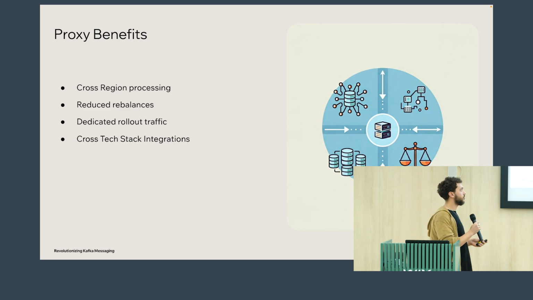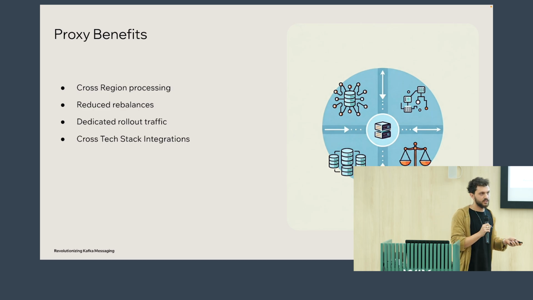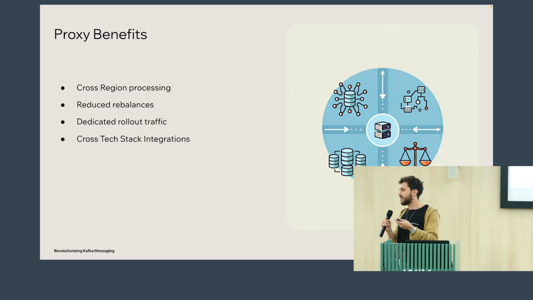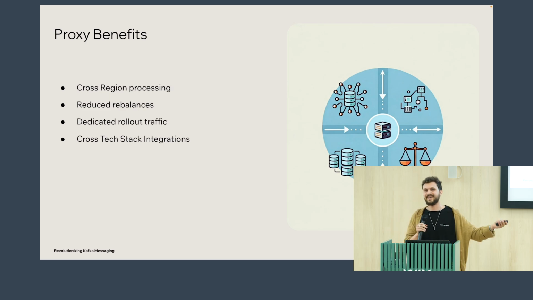The last thing I'm going to mention is the cross-tech stack integrations. Now, we saw the confusing and error-prone Kafka client code that you have to write when using Kafka. And now when working with Proxy, you only have to integrate with two endpoints. One of them for registering consumers: you talk to some of our services to declare, I want to listen to some topics.